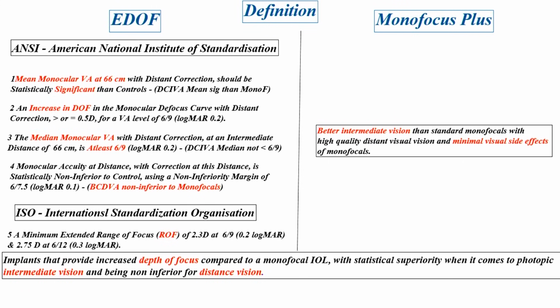You should have a median monocular visual acuity at the same distance, at least better than 6.9 than the controls. You should have an increased depth of focus in the defocus curve, which should be significant. And the last one is, the best corrected distant visual acuity should not be inferior to monofocals. Any IOL that satisfies all of these criteria is labeled as EDOF.